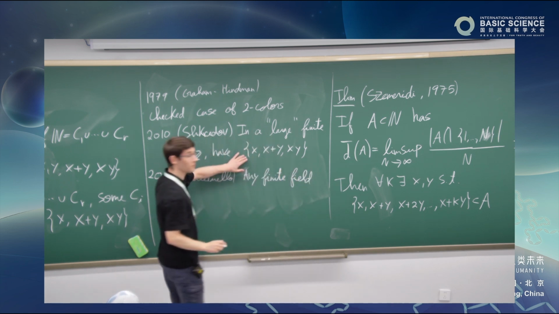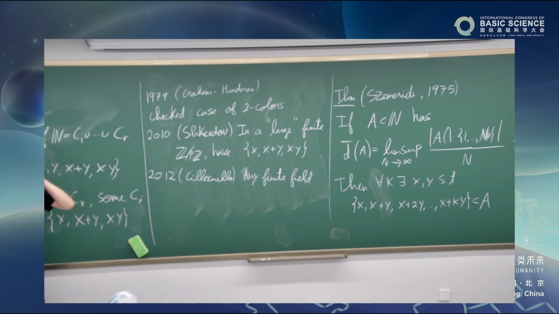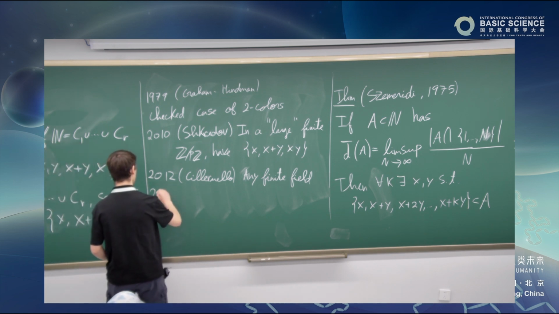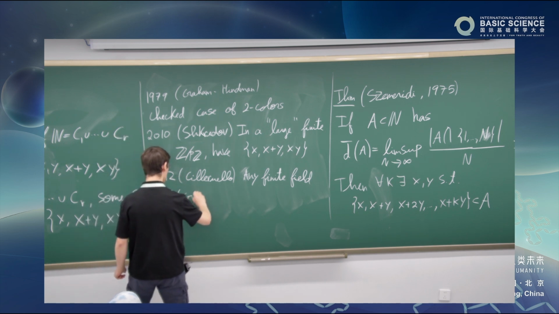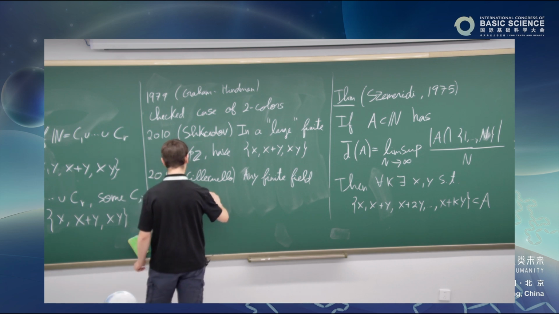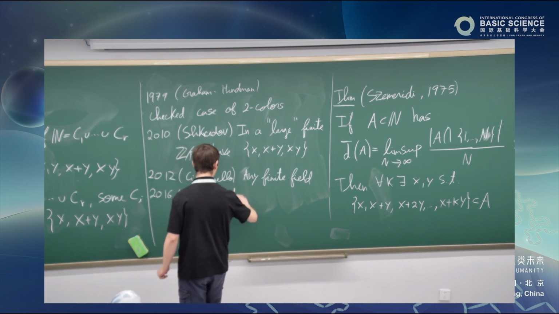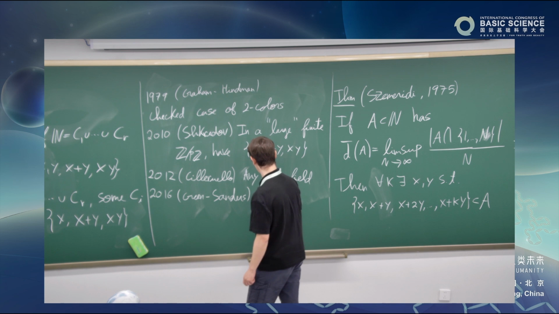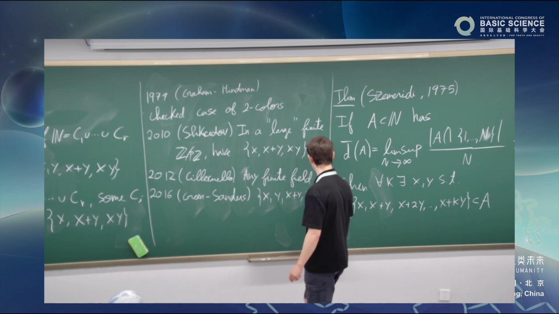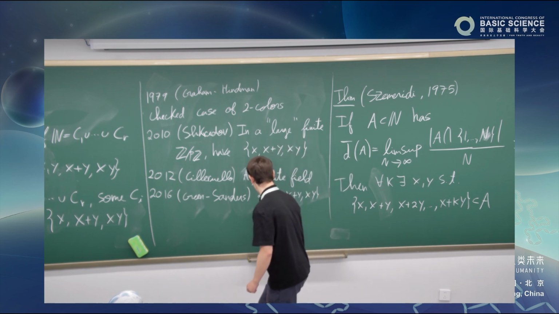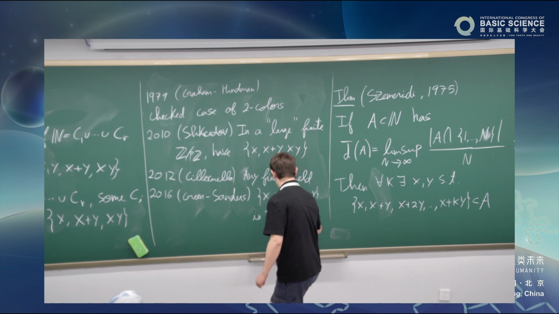But still the same configurations, x plus y, x times y. We didn't know about y, and that was finally settled in 2016. So Green and Sanders, in 2016, did x, y, x plus y, and x times y in Z mod PZ.